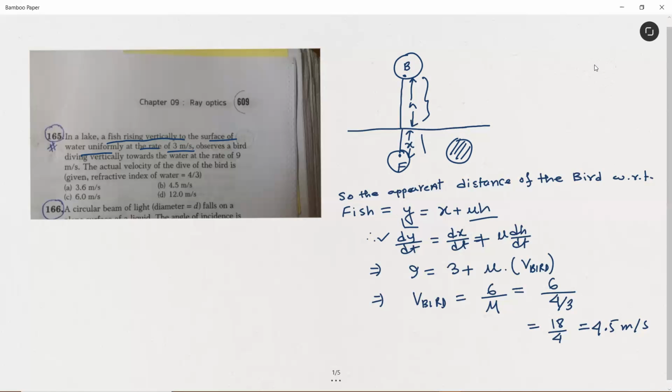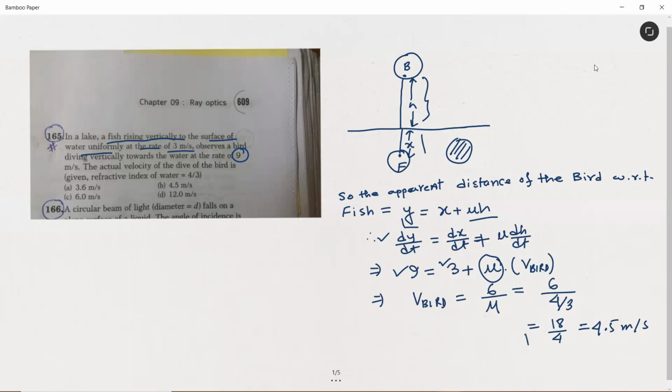What is dy/dt? dy/dt is the apparent velocity that is given here, which is 9 meter per second with respect to the fish. So we put those values. dx/dt is the actual velocity of the fish. Mu we know the value, and dh/dt is the actual velocity of the bird, which we have to find out. So we go through these equations, and after doing the calculations, we find the result.